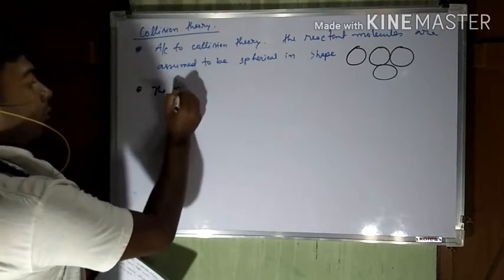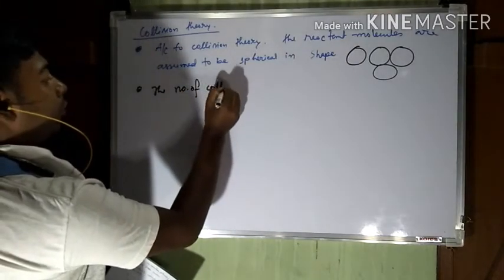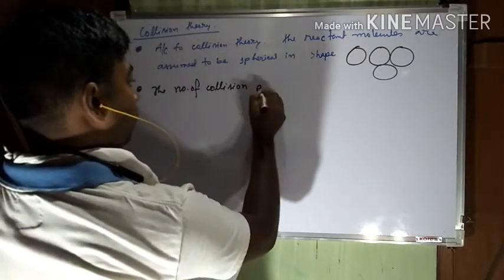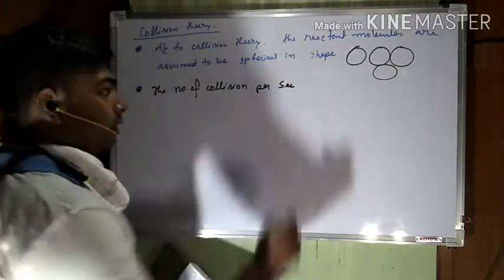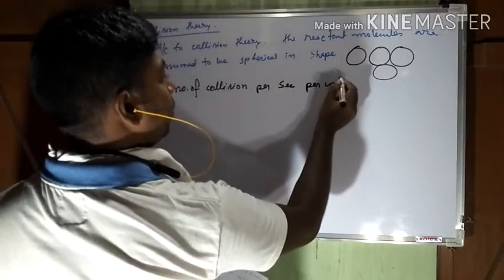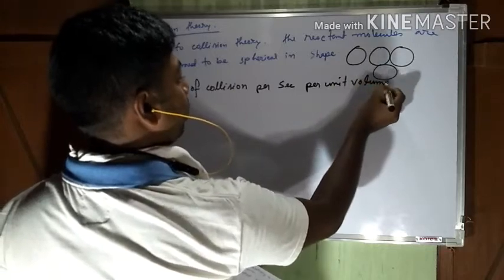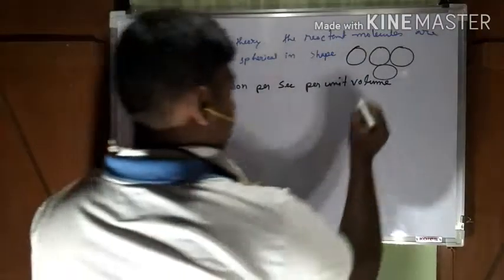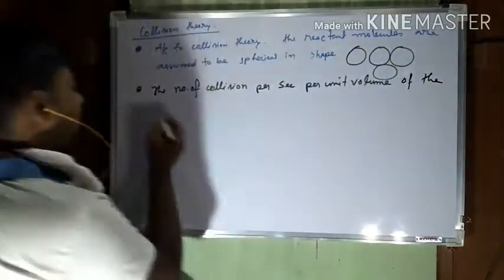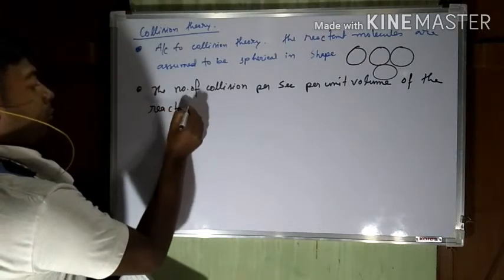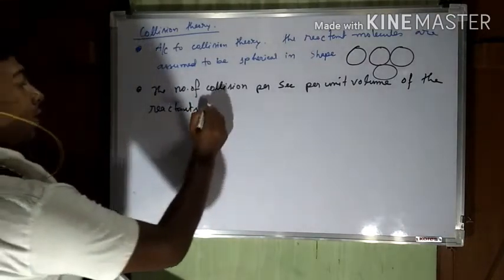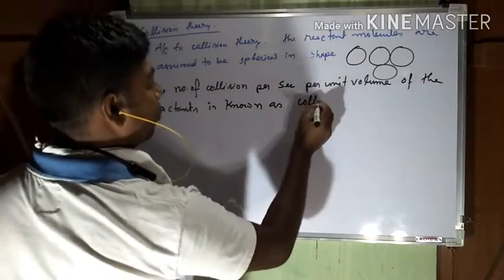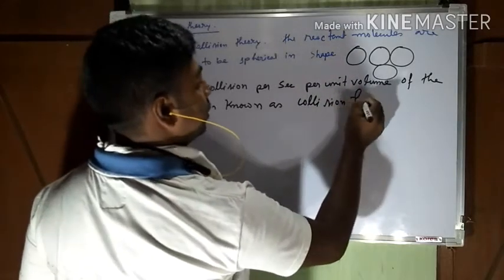The number of collisions per second per unit volume of the reactants is known as collision frequency.